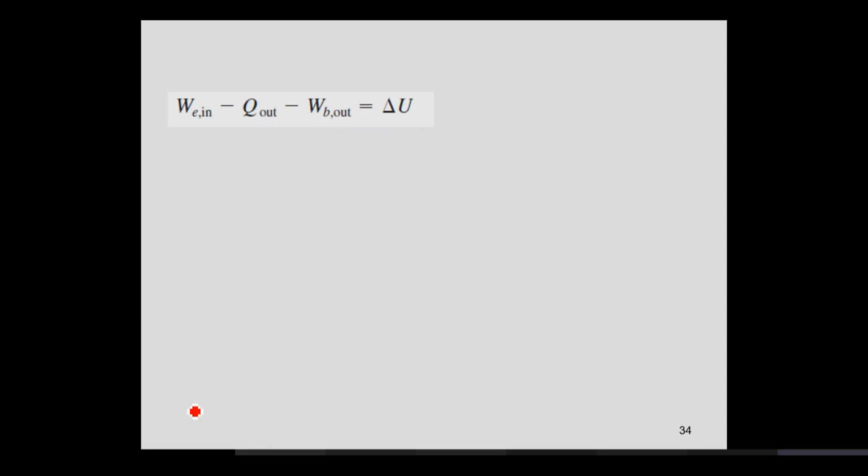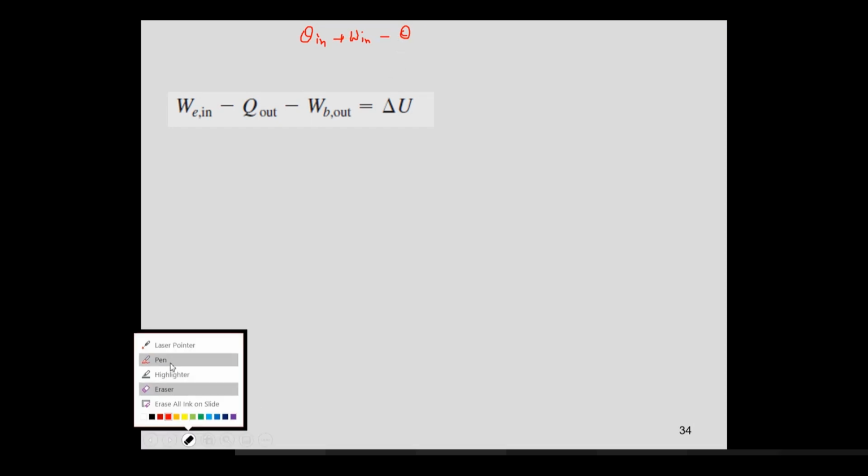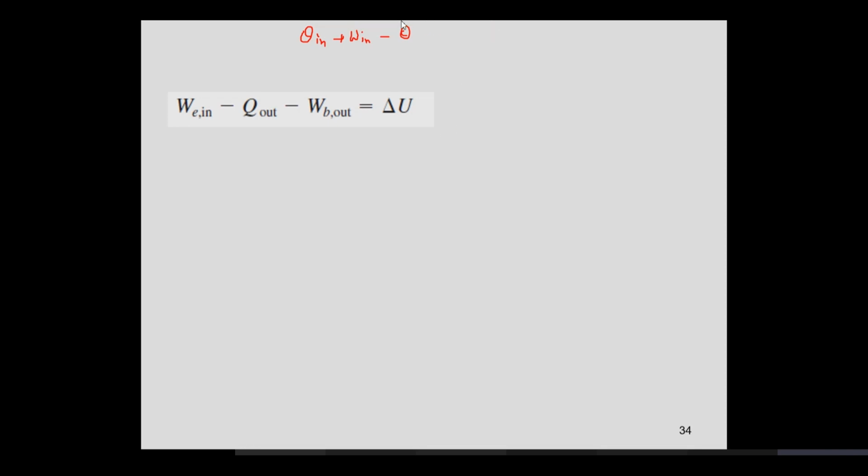Or if you want the complete equation, it says Q in plus work in minus Q out plus work out equals change in U if you have a stationary system.